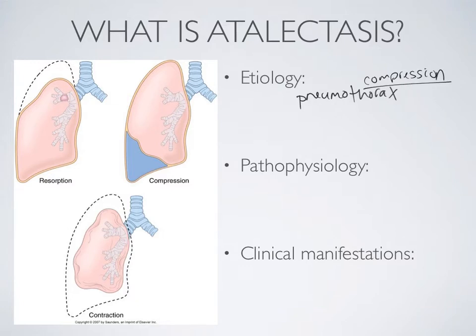If you pierce the pleural lining, air from the outside world can come in, and it's going to fill up the space around the lung between that pleural lining. And that outside air is going to compress all of the air in the alveoli out of the lung.